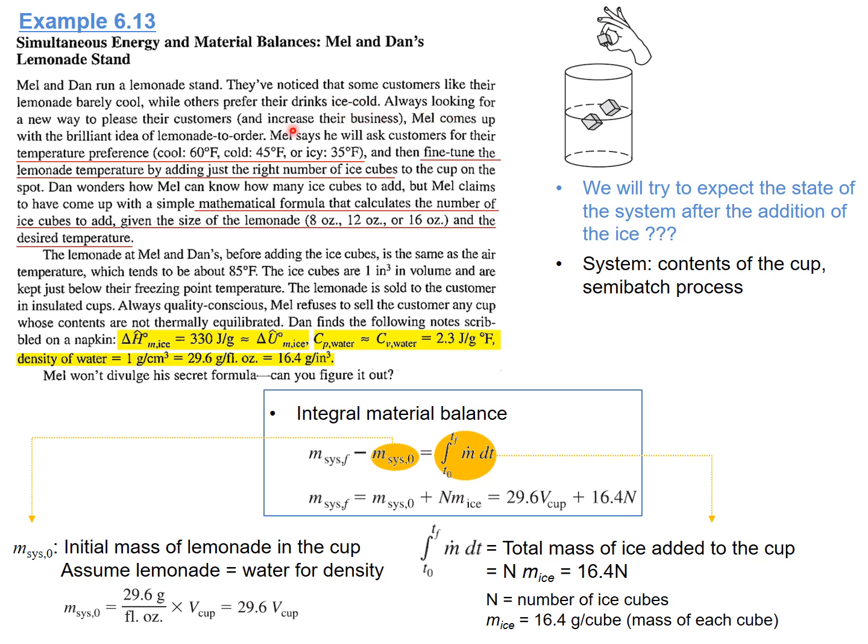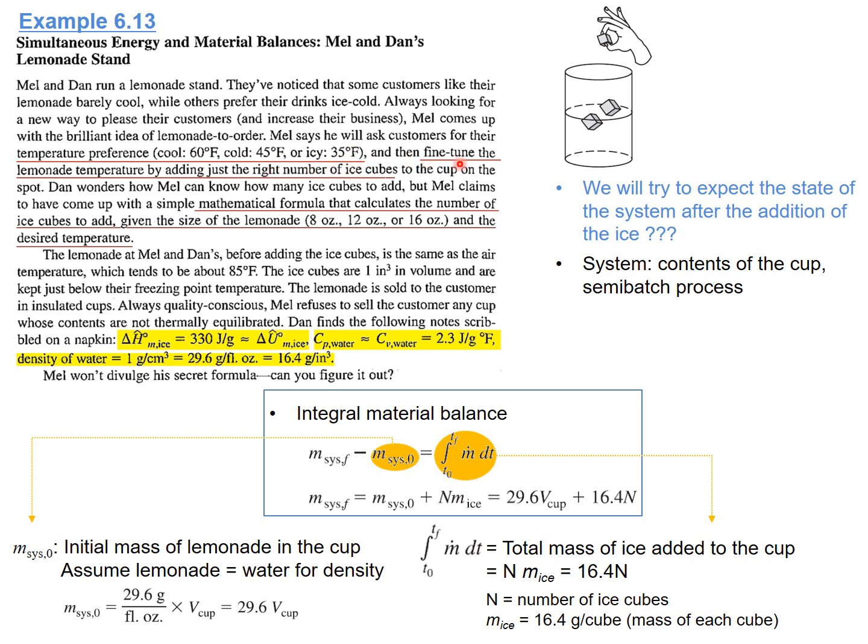Always looking for a new way to please their customers, Mel comes up with the brilliant idea of lemonade to order. It means customized lemonade. Mel says he will ask customers for their temperature preference: cool, cold, icy. Cool indicates 60 Fahrenheit, cold 45, icy 35.